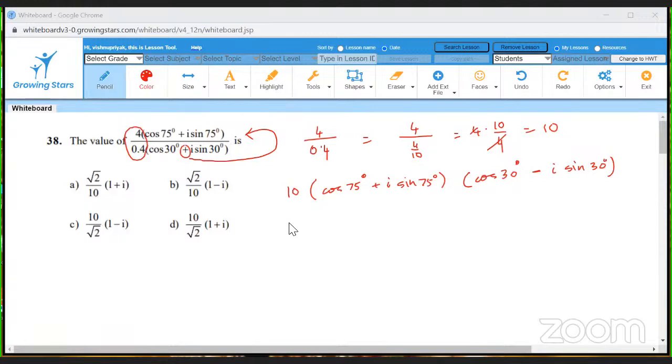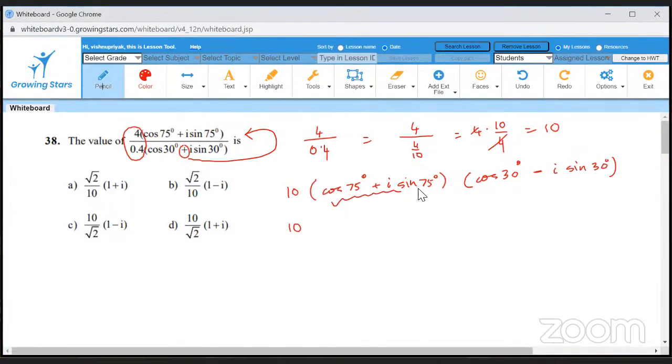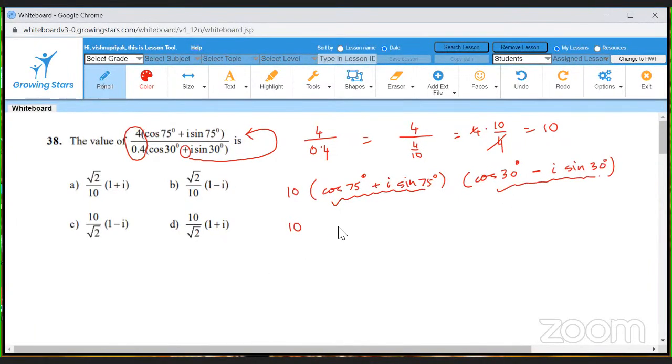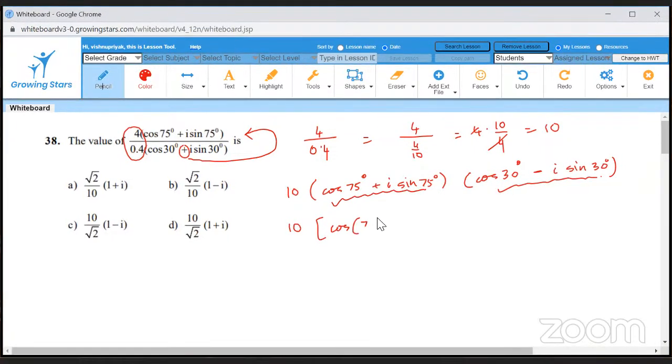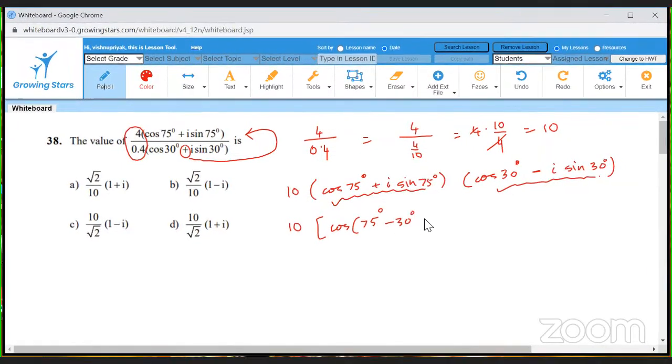And then when you are multiplying one with plus and the other with minus, you can subtract the angles. 75 minus 30, i sine (75 minus 30). You can subtract, keeping it in polar form, in cos theta plus i sine theta form. That means you have cos 45 degrees plus i sine 45 degrees.